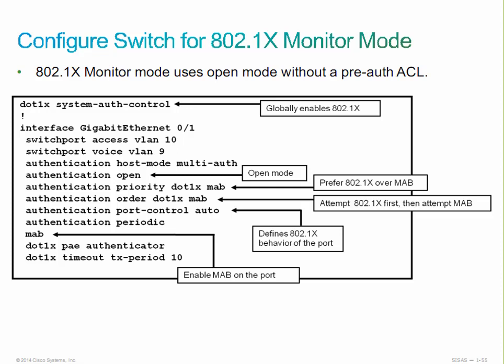If I want to make sure that I have deterministic behaviors, if 802.1x authentication fails after a successful MAC authentication bypass, then we want to use the auth fail VLAN, or we want to specify local web authentication.